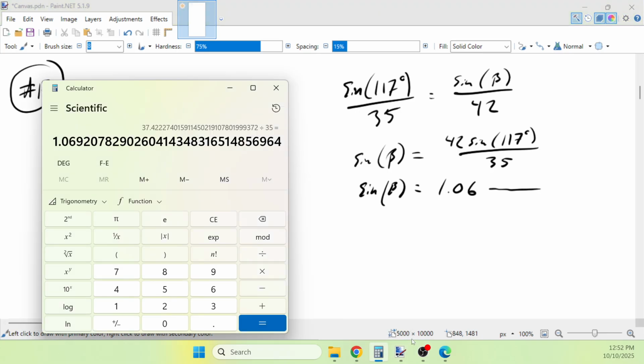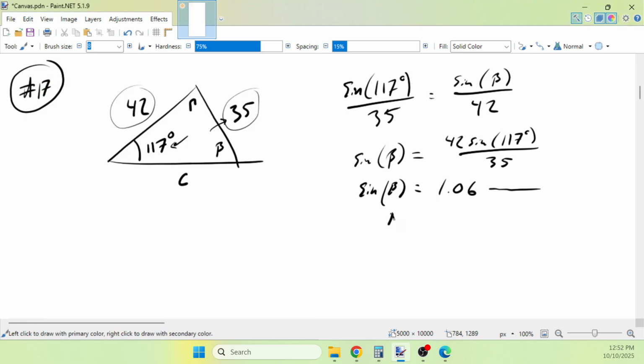That's bad because sine is never bigger than 1, and 1.06 is bigger. So this is an error. It doesn't exist. Which is what I had expected, as this angle should be the biggest angle, and this is not the biggest side.